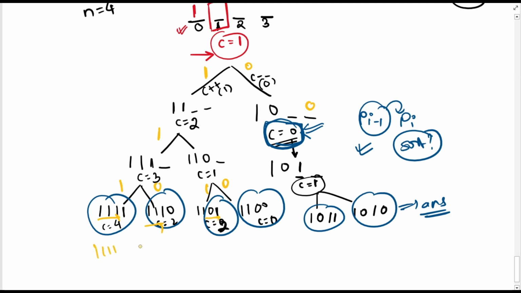So 1111, then comes 1110, then comes 1101, then comes 1100, like this. If you had done it the other way, if you try out the zero possibility first and the one possibility later, then yes, you would need to sort. So that's the whole logic.